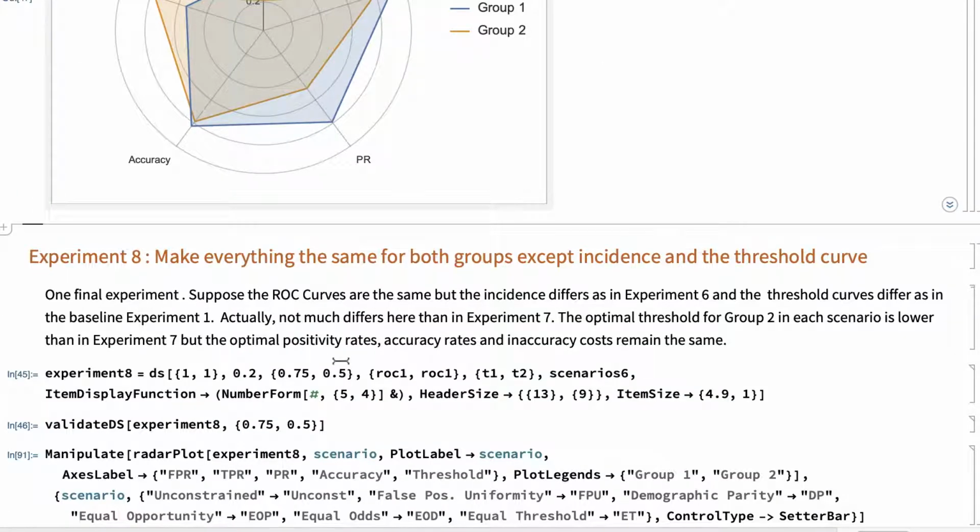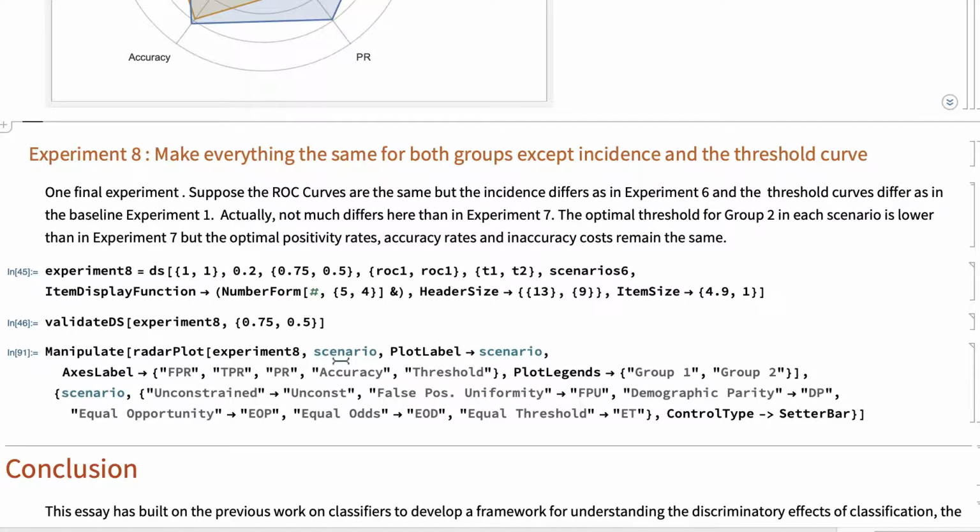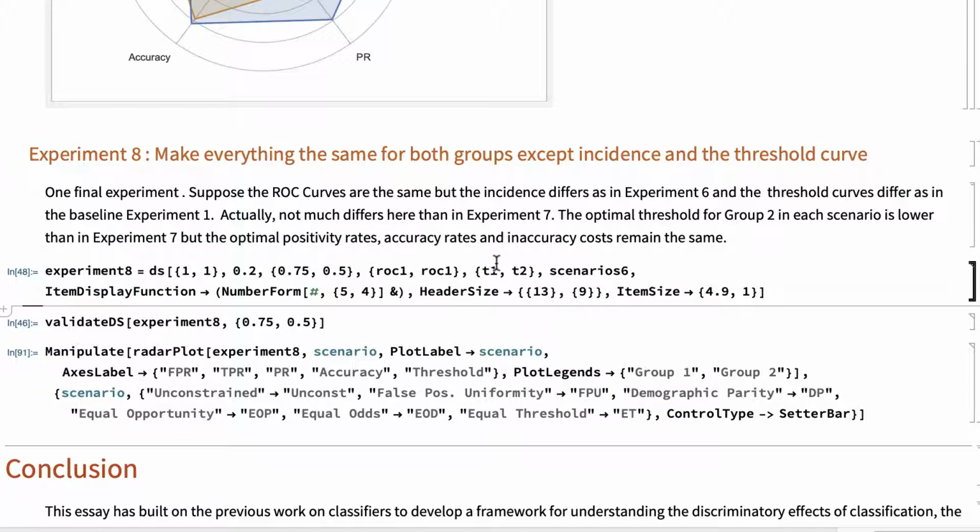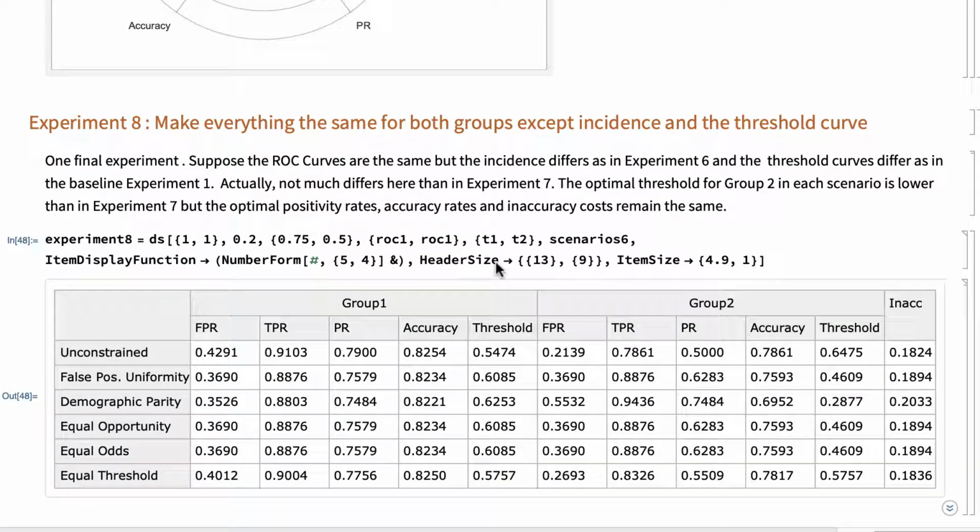Okay, final thing for symmetry, which is, supposing the ROC curves are the same, but the incidence is different and the calibration is different, what happens then? And it's really not very much different than experiment 7.